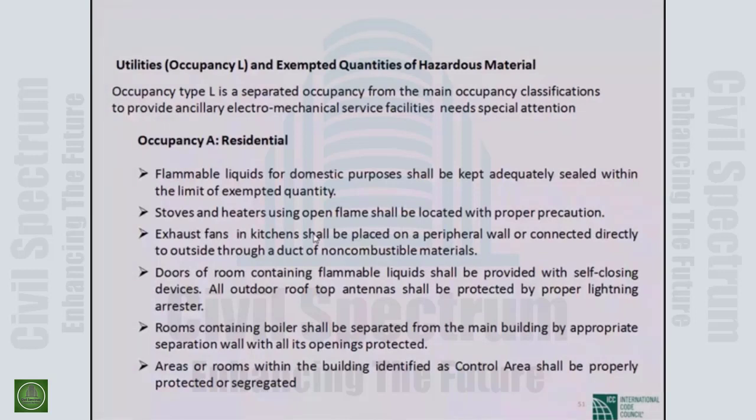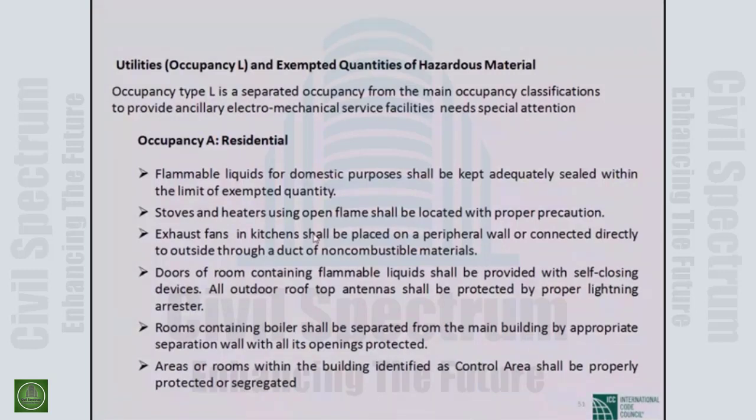For example, for residences, the flammable liquids for domestic purpose shall be kept adequately sealed within the limit of exempted quantity. You have already learned in part 3, if there is a flammable material, like oil, like diesel, like anything, depending on the flammability of the material, there is some exempted quantity. Exempted quantity has two parameters: one is exempted quantity in open form, or exempted quantity in closed, packaged form.